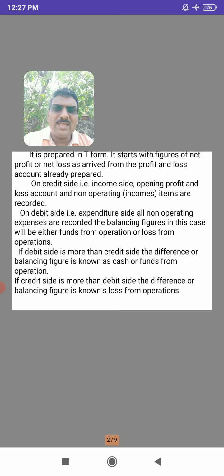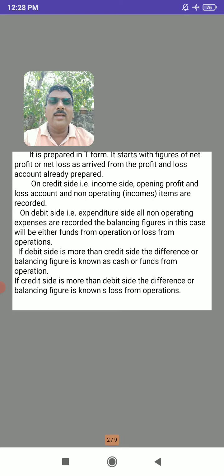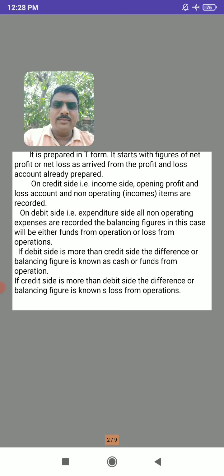Here it is prepared in T format. It starts with the figure of net profit or net loss as arrived from the profit and loss account already prepared. So here it starts from the profit and loss, that is net profit or net loss, which was arrived at from the profit and loss account which we have prepared.